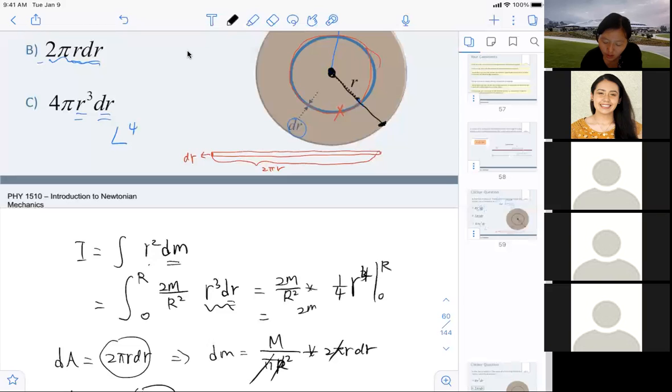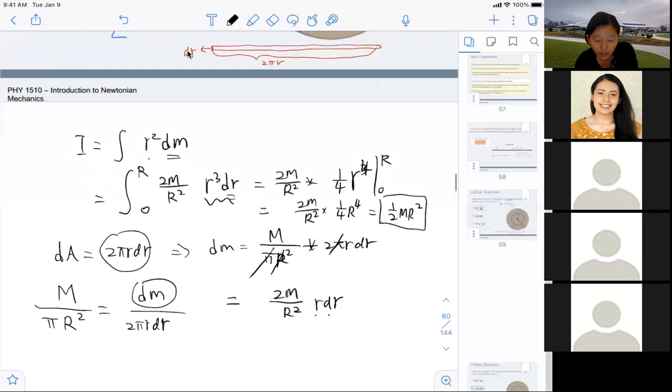You can see this becomes r squared, so r fourth, and that is 1/2 m r squared. So this is what we had seen previously, rotational inertia for a disk. And a cylinder is really just a disk, right? Taller or shorter.